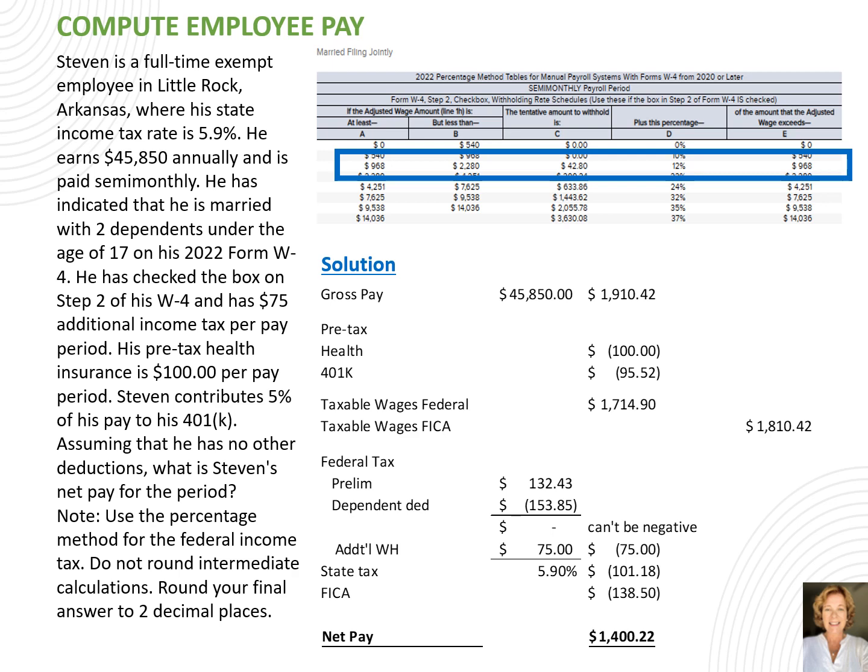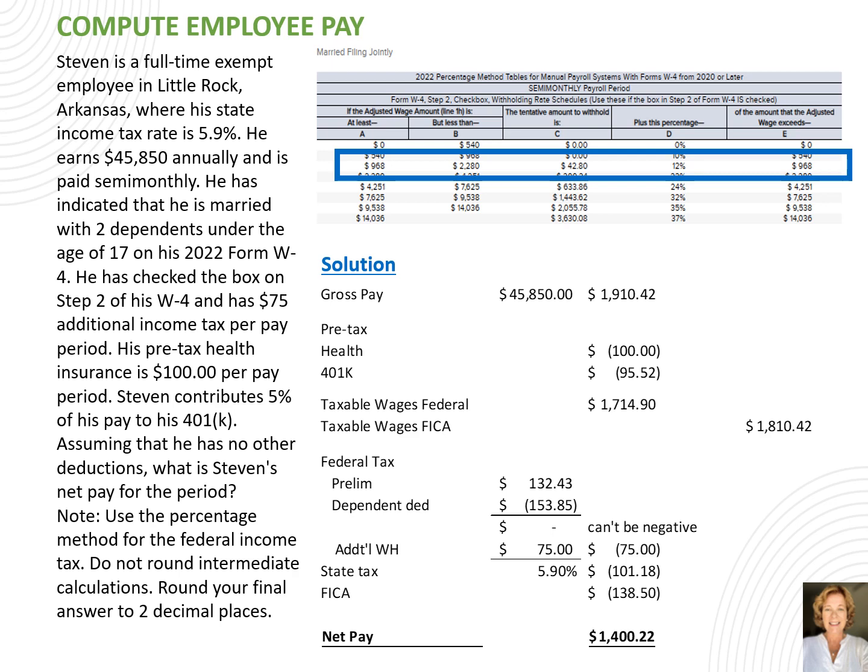Next, we calculate the dependent deduction by multiplying the 2 dependents less than 17 times the $2,000 per year, and then divide the amount by 24 to obtain the semi-monthly amount, which is $153.85. Now, super important, the net amount after subtracting the dependent deductions from the taxes cannot be negative.